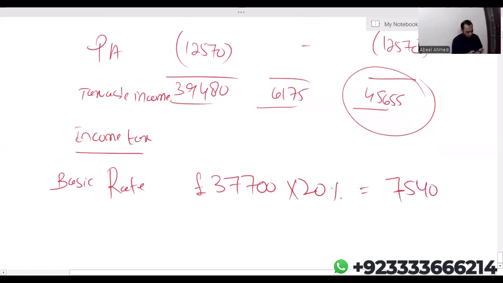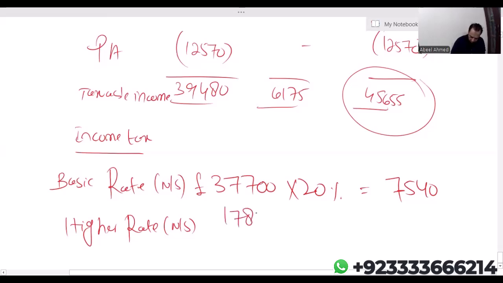Taxable income in the non-saving column is 39,480 minus 37,700. The difference is 1,780. That 1,780 falls in the higher rate, non-saving. Obviously, the applicable rate is 40%.